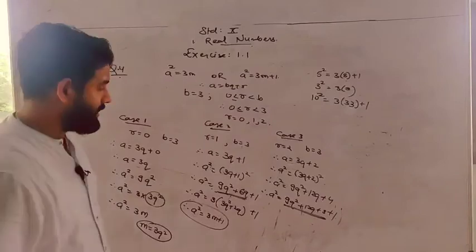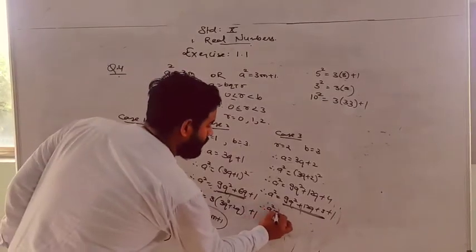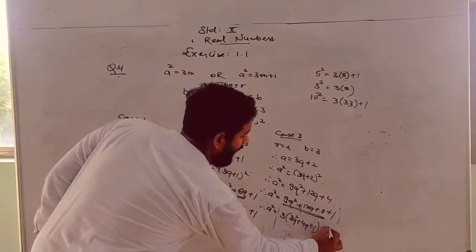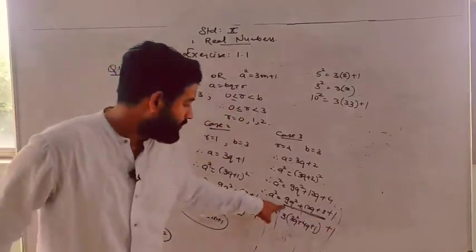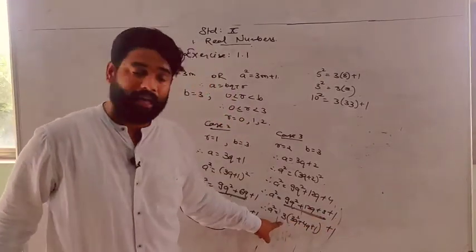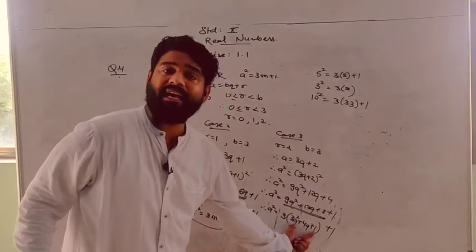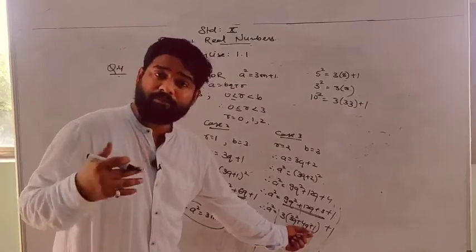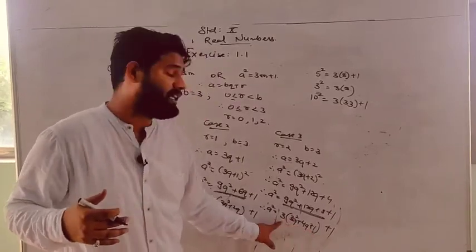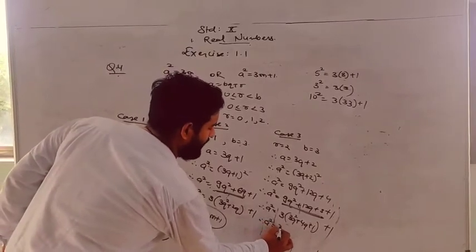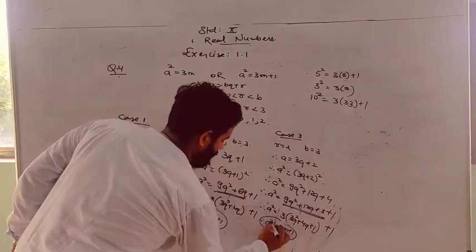So a square equal to 3 times (3q square plus 4q plus 1) and plus 1 will remain as it is. Now again this bracket can be anything, but I am least bothered about it. It is a multiple of 3, that is good. So this thing can be represented as 3m plus 1.